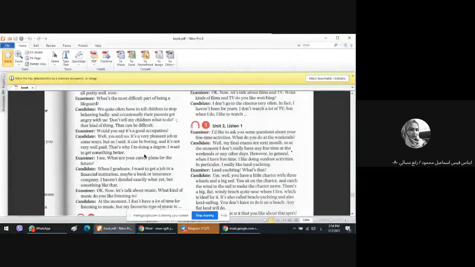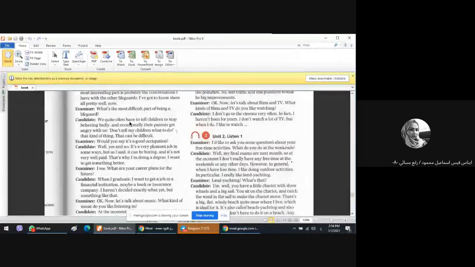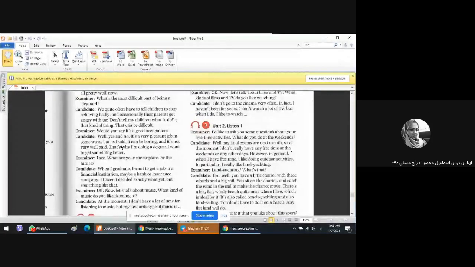So he's trying to get a degree to gain a job at a financial institution such as banks or an insurance company. Yes, insurance company, you are right.